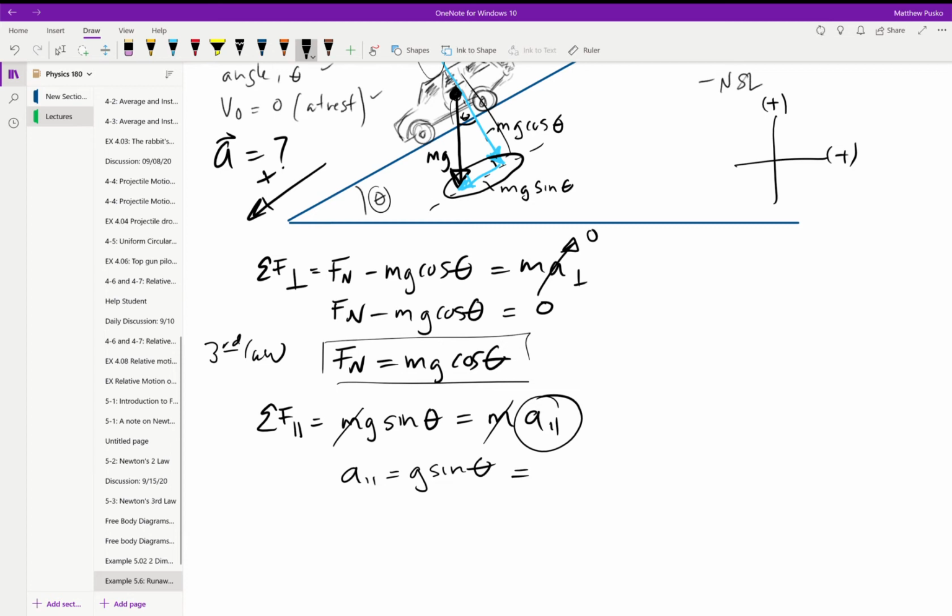So we can say, well, at 30 degrees, which is about what I drew this line at, it's equal to 9.81 times the sine of 30 degrees. The acceleration would be 4.905, not degrees, meters per second squared down the incline.